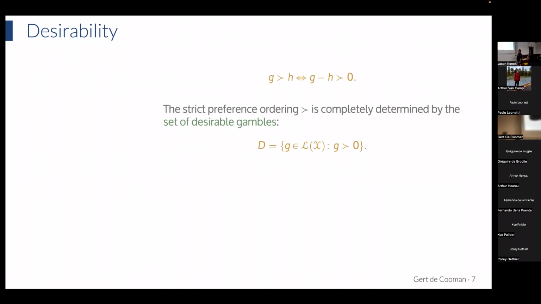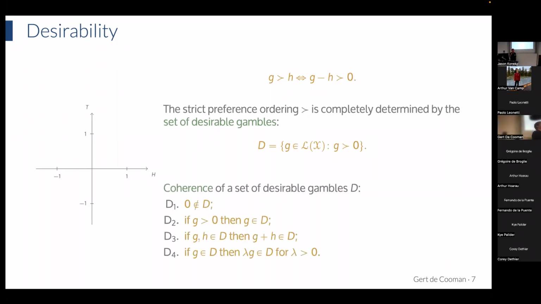And so this is what I call your set of desirable gambles. I will call a gamble desirable if you strictly prefer it to the status quo, to 0. So this completely determines the ordering. This is really basic vector ordering stuff.